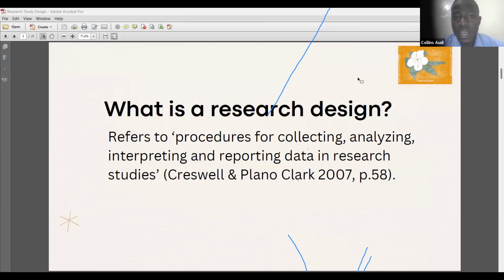Because of time, we will be moving quite fast. As defined by Creswell and Plano-Clark, 2007, research design refers to procedures for collecting, analyzing, interpreting, and reporting data in research studies. So it's like the umbrella of all we are going to do to answer these research questions.